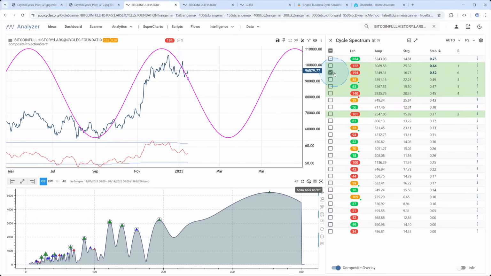We are aware that this is a cycle which was present at each important parabolic move, before and after. And our feature here, qualifying a valid cycle in regards to stability, is bold. So it's above 0.5. Not the highest stability, but it qualifies, so very low variability.